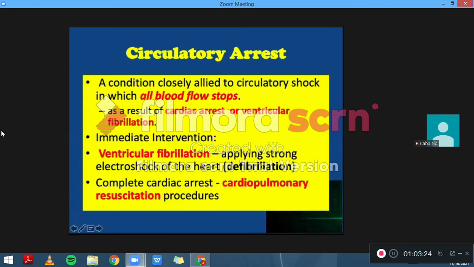This is now the importance of knowing how to identify rhythms. If you have ventricular fibrillation, defibrillation to your patient. For asystole or flatline, then your treatment is only probably epinephrine and CPR, cardiopulmonary resuscitation.